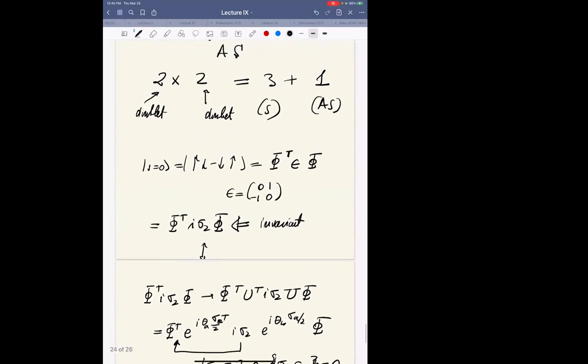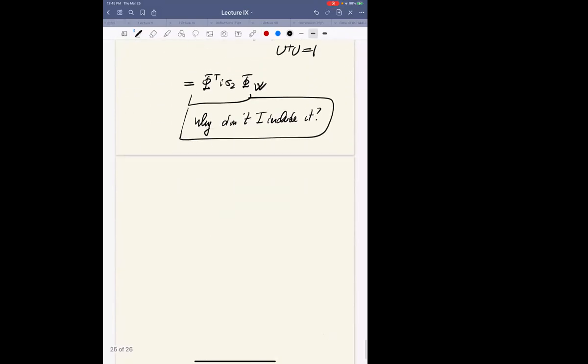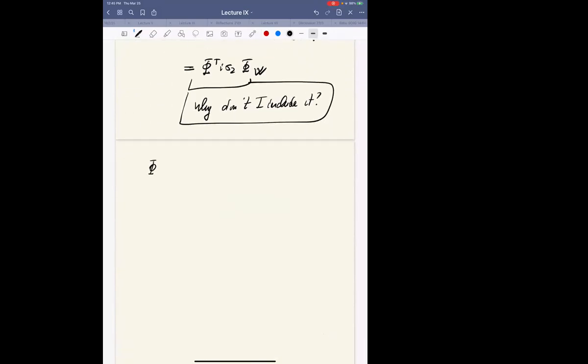This would give me spin 0, but it is really 0 because phi transpose epsilon phi, which is this, which is, remember, there is phi up. I can write it like down again to emphasize these are scalars. This will give me phi up phi down minus phi down phi up, but these are bosons. This is 0. They commute. If this was a fermion, it wouldn't be 0. This is very interesting. For fermions, this is very different.